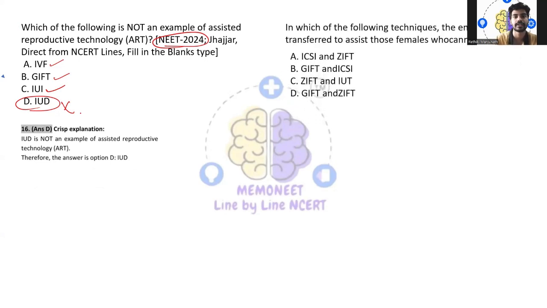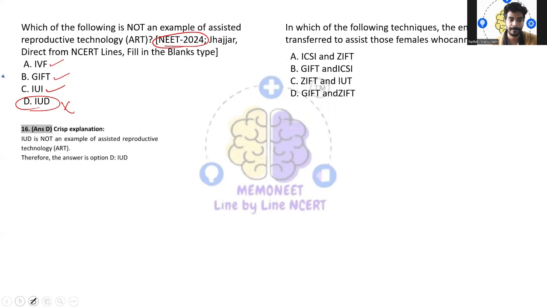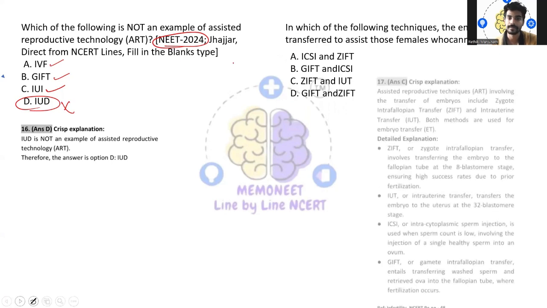I'll go for the next question then. In which of the following techniques are the embryos transferred to assist those females who cannot conceive? Option C. Let us see.